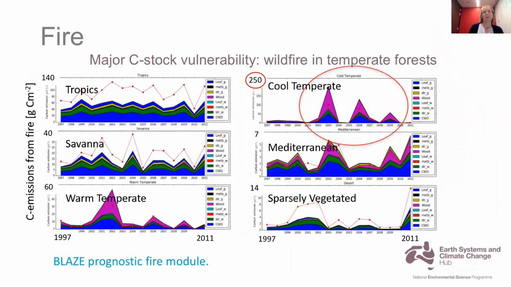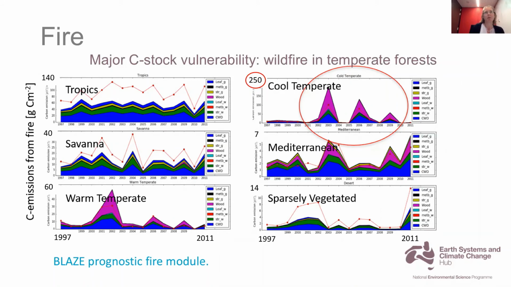So this is some preliminary modelling we've done, looking at the magnitude of fire emissions from different regions of the continent, aggregated up over these different regions. And what we find is that by far the biggest fluxes, I guess it's no surprise, are coming from the cool temperate forests when they burn.